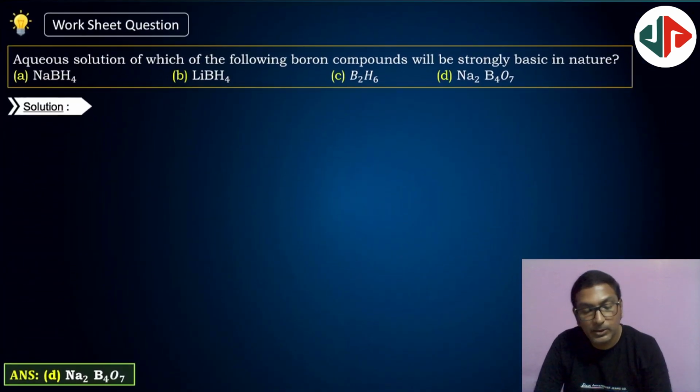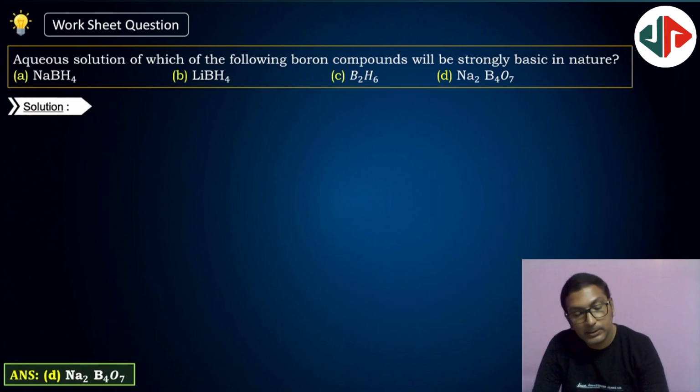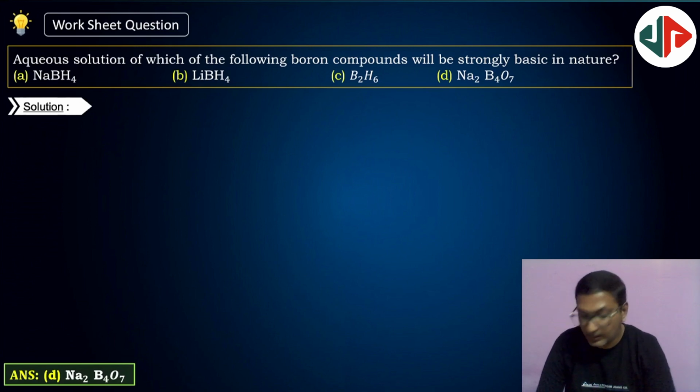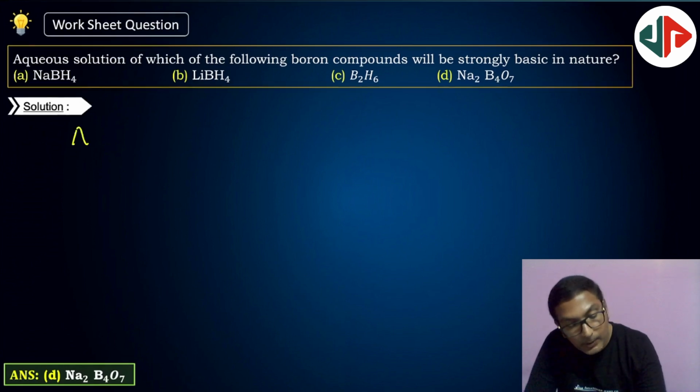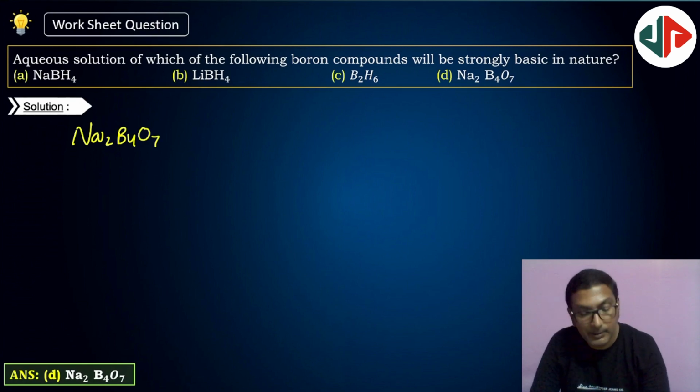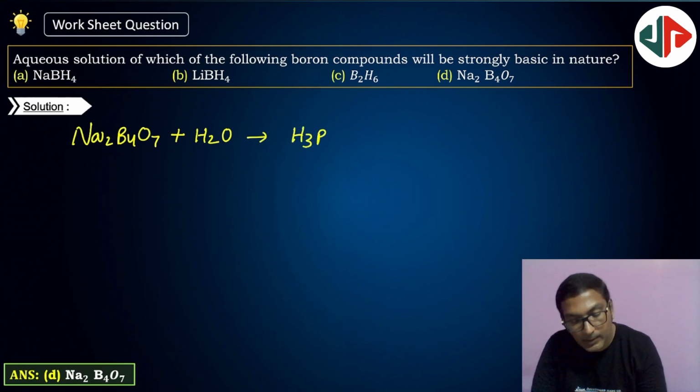The aqueous solution of which of the following boron compounds will be strongly basic in nature? So we must find what are the compounds formed. A repeated question, a similar question. Na2B4O7 reacts with water, which is aqueous solution, that gives H3BO3 plus NaOH.